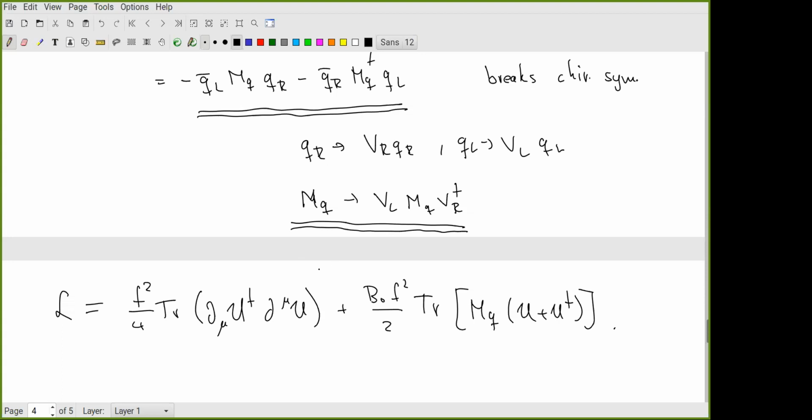Sorry to interrupt. Are these the matrices that diagonalize us in the mass basis? In the diagonal mass basis? This V_L and V_R. These are just general SU(3) matrices.